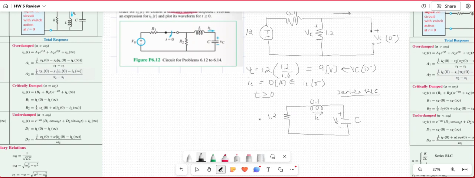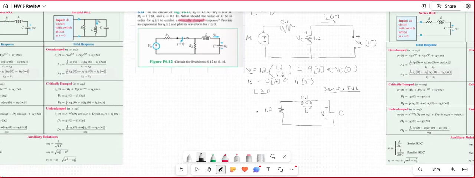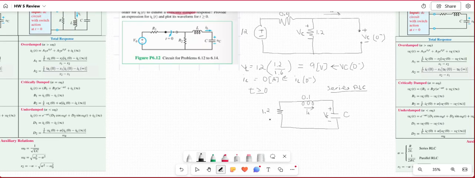For the conditions at t equals 0, we can already say that VC of 0 is going to equal VC of 0 minus, because the voltage doesn't change instantaneously in a capacitor. When the switch flips, the voltage stays the same because there hasn't been enough time for it to do anything.